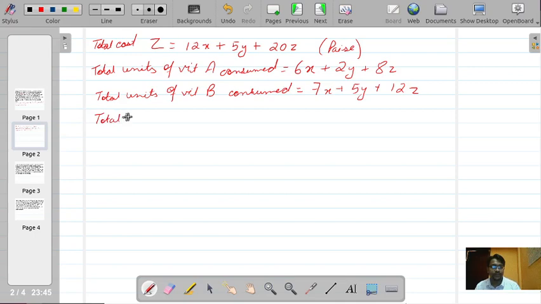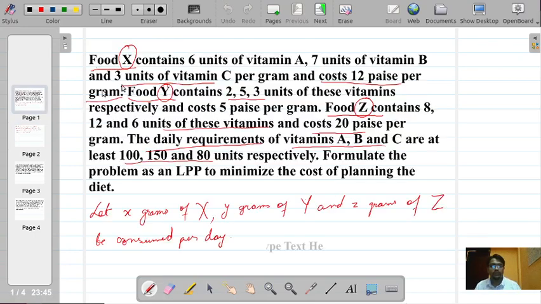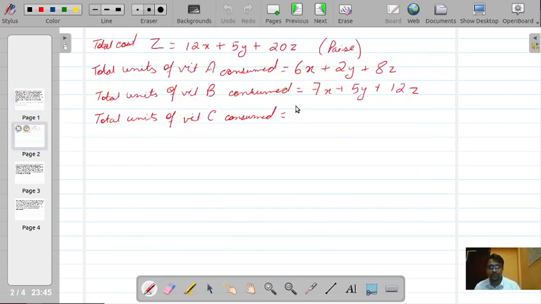Then the total units of vitamin C consumed is equal to what? The first one contains 3 units of vitamin C, the second one 3, and the third one 6, so it's 3x plus 3y plus 6z. This is the total units of vitamin C consumed.